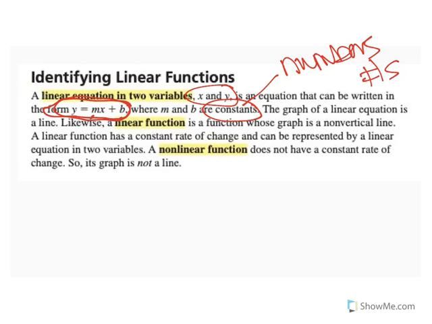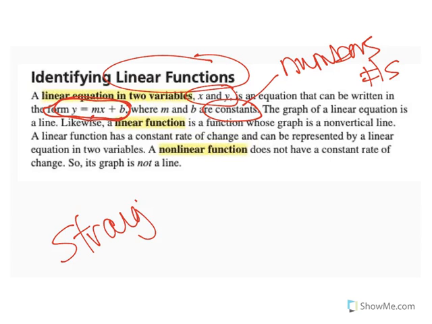Numbers. Okay? The graph of a linear equation is a line. Like I said, linear function means you have a straight line. It has a constant rate of change. Constant rate of change.